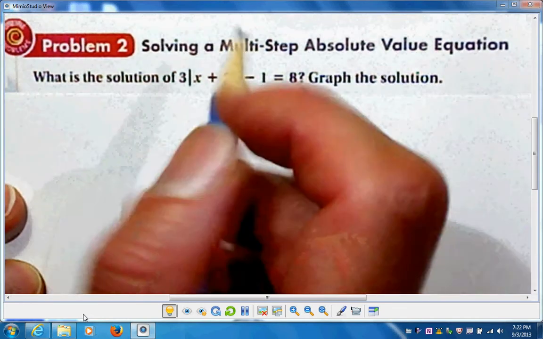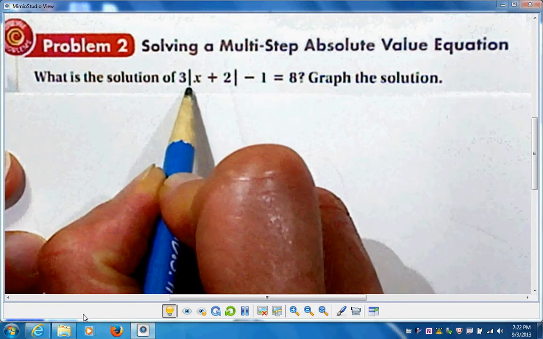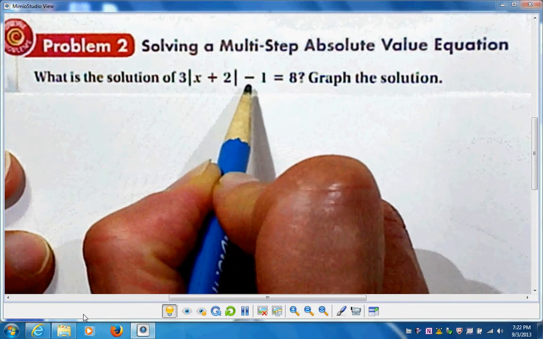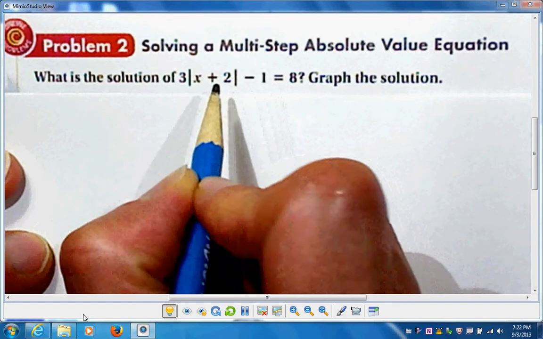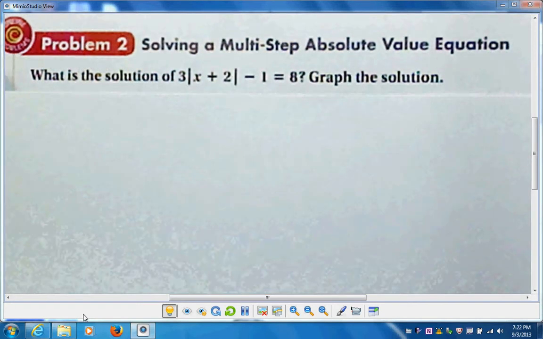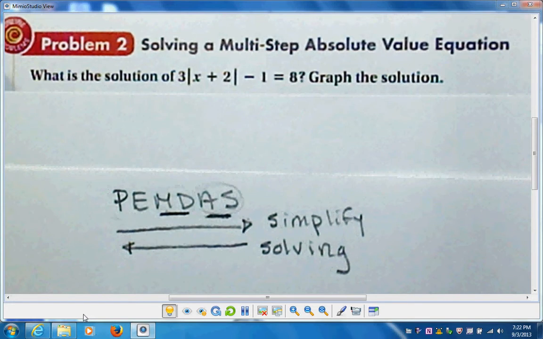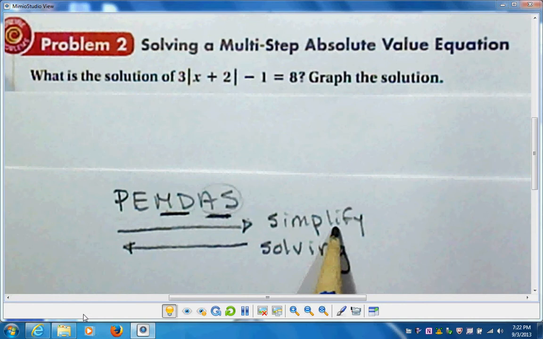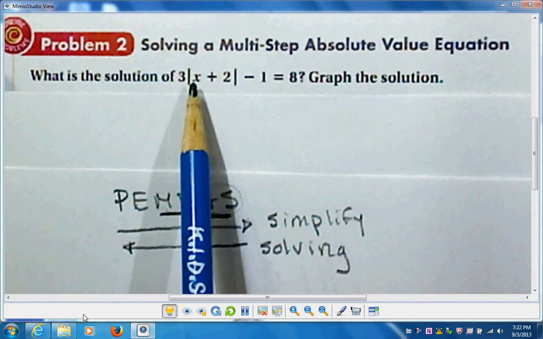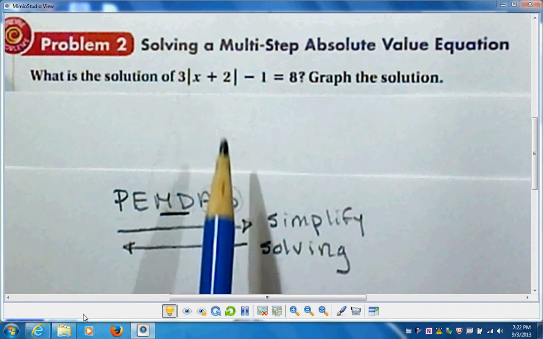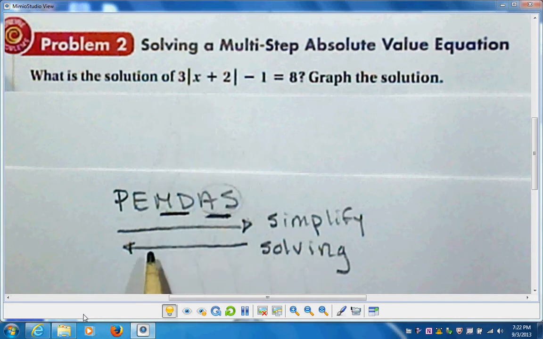So that means that I have to get either the 3 or the negative 1 out of there. So do you remember with PEMDAS, what did we say? We said if we're simplifying, we go this way. If we're solving, we go backwards. Remember, we are solving for x, so we're going to go backwards.